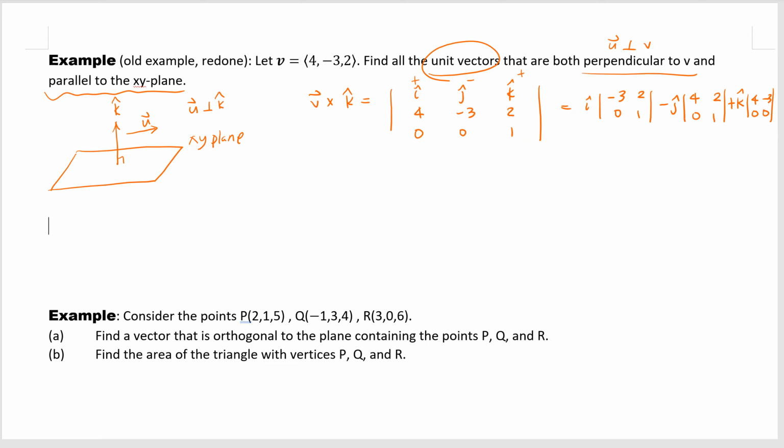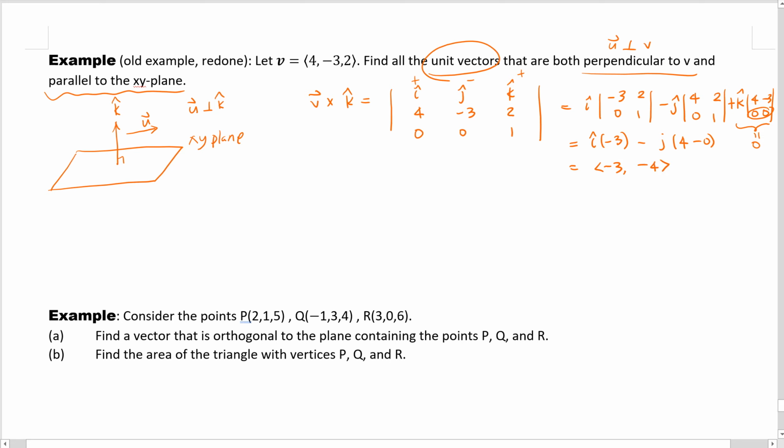There is a property of matrices that if it contains a row entirely of zeros or a column entirely of zeros, then the determinant is 0. So that's why we have i times minus 3 times 1, which is minus 3, minus 0 times 2, which is 0. And then minus j times 4 times 1, which is 4, minus 0 times 2, which is 0. So that's why we have minus 3 and minus 4.